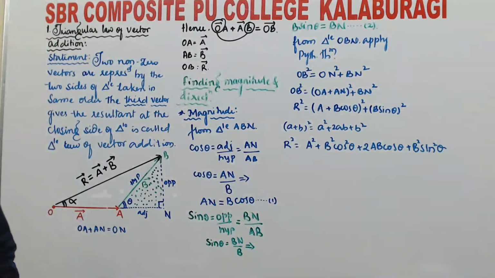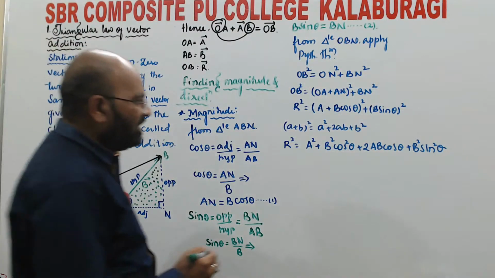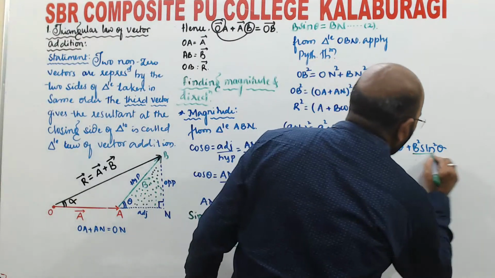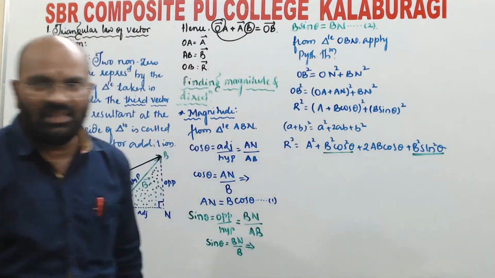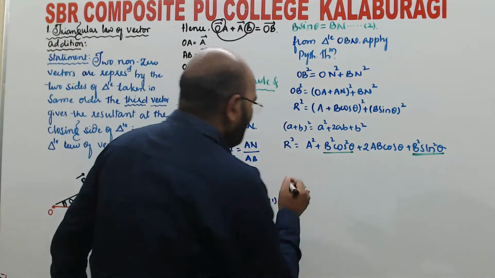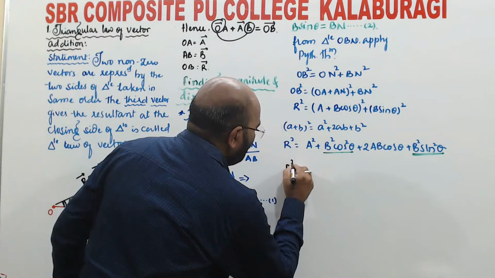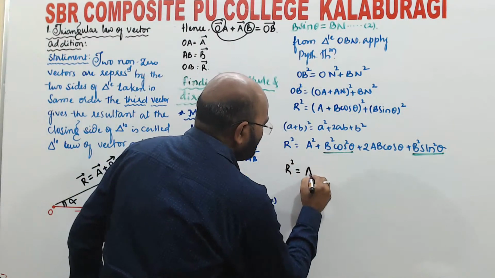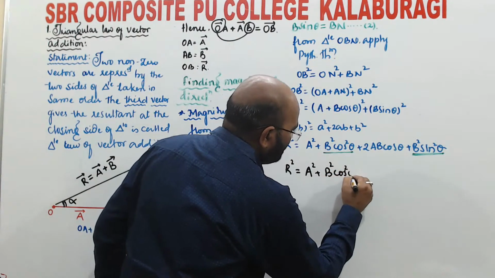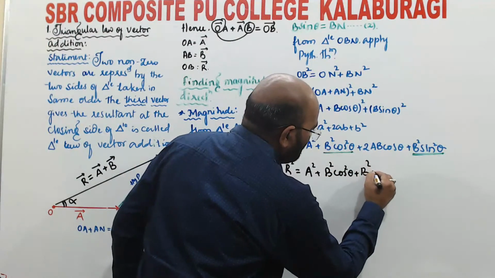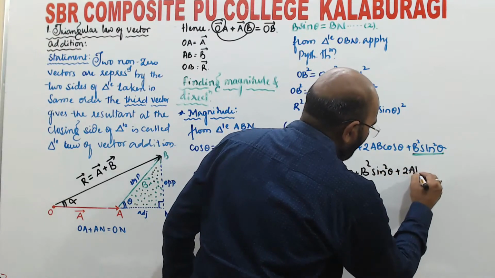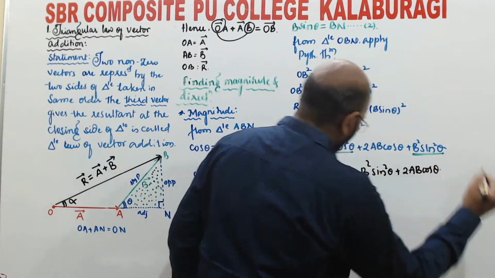Then you see what the common term is. We find the similar terms over here: b square cos square theta and b square sin square theta. We have two similar terms there. b square, b square, make it one side. What do you get now? R square is equal to a square plus b square cos square theta plus b square sin square theta plus 2ab cos theta.